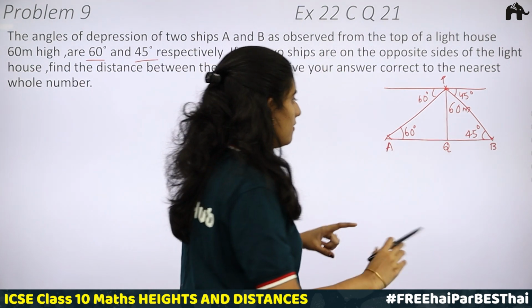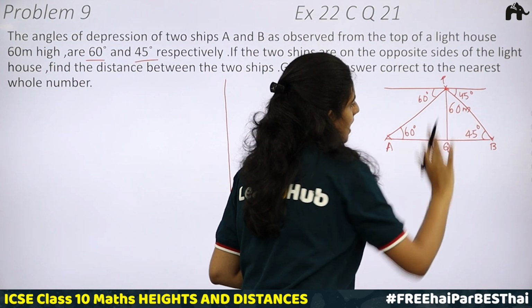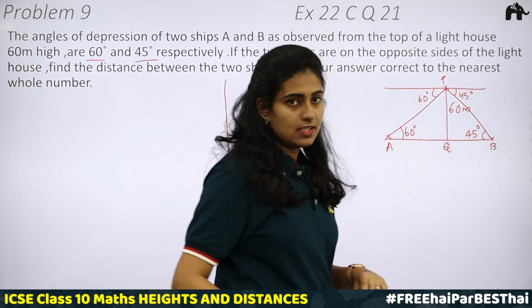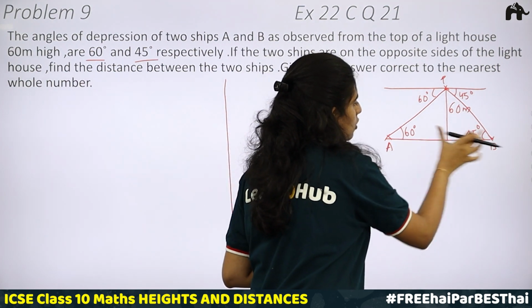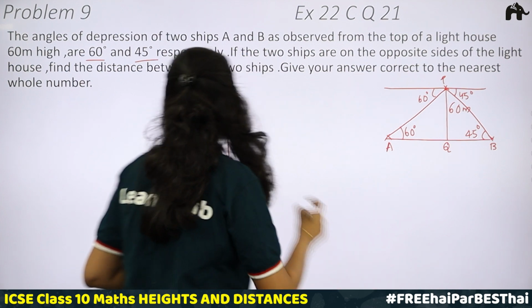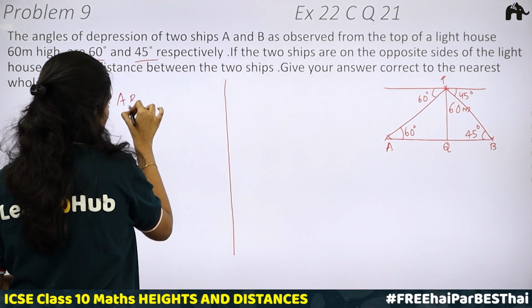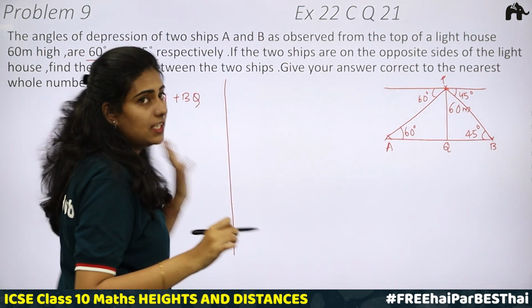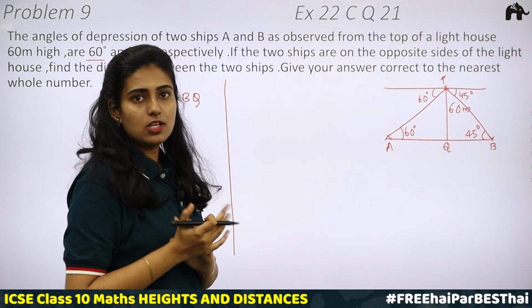We'll consider both these triangles separately and find what AQ is and BQ is, and then add AQ and BQ to get AB. We have AB is equal to AQ plus BQ. We have to separately find what AQ is and what BQ is.